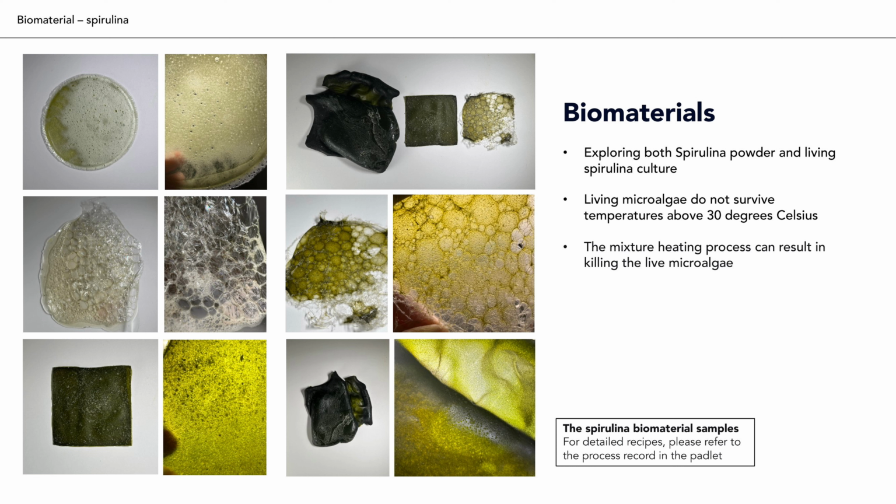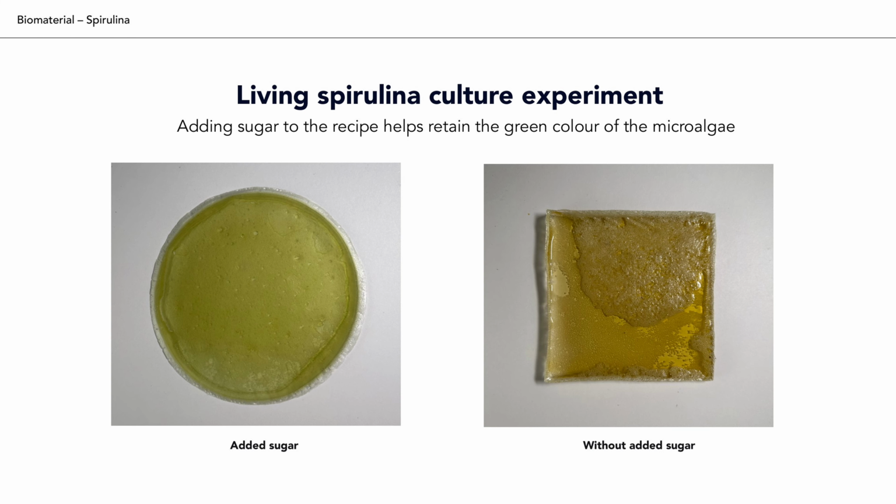Therefore, the mixture heating process can result in killing those living microalgae. However, my experiments have shown that adding sugar to the recipe can help retain the green color of the microalgae. As the picture shows, the microalgae in the sample without added sugar have turned yellow.